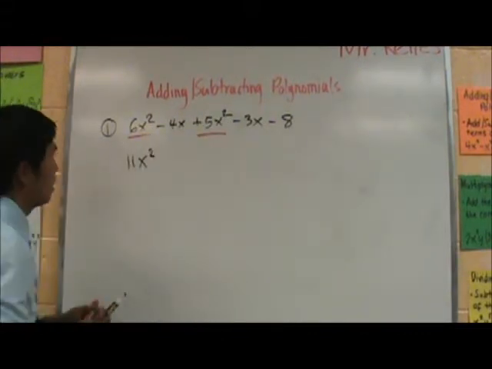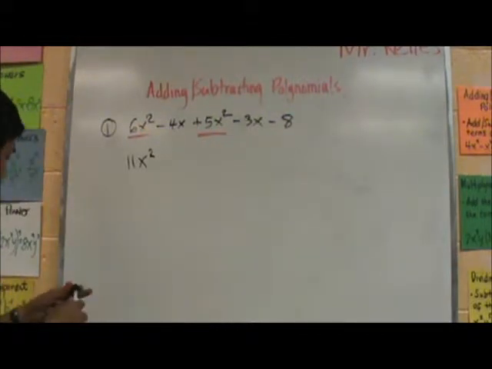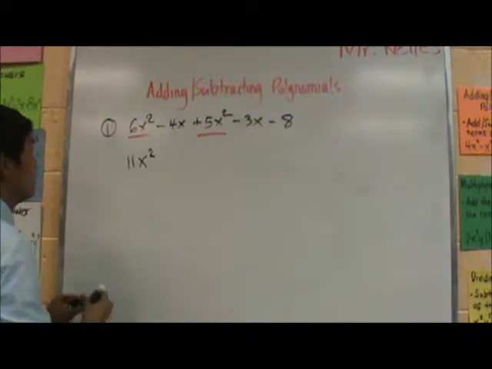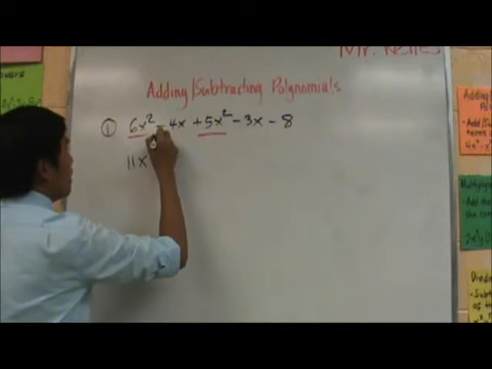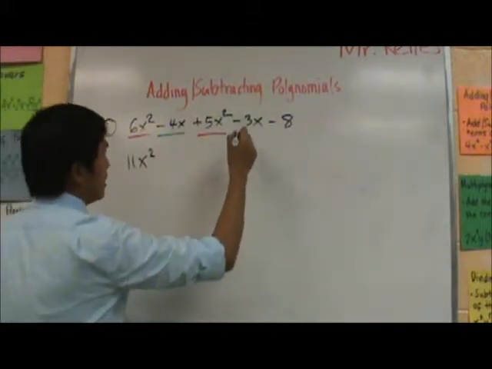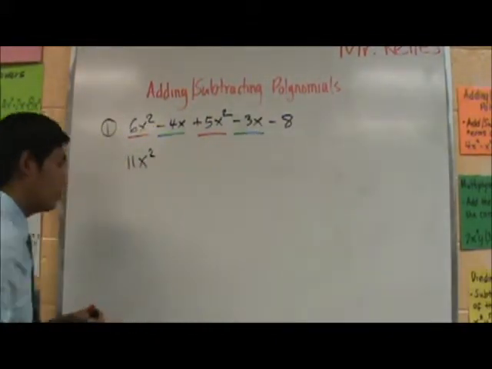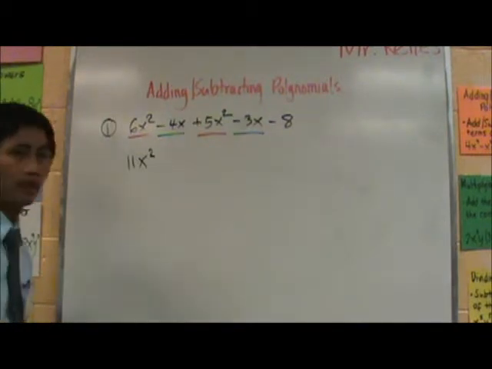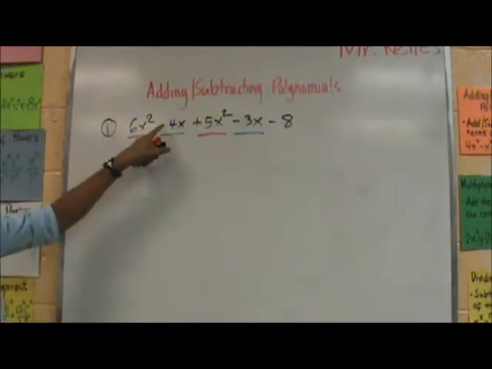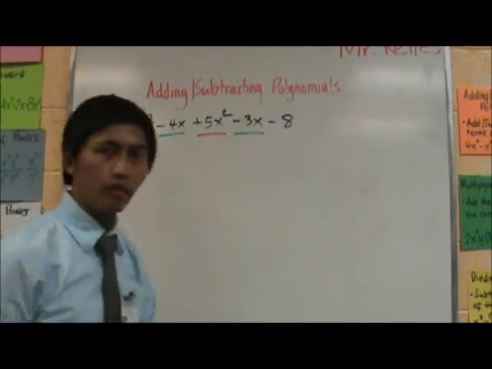So now, how about the next terms having just x, and that is -4 and another -3. Using your mental math again, or calculator, you're going to press -4 minus 3.